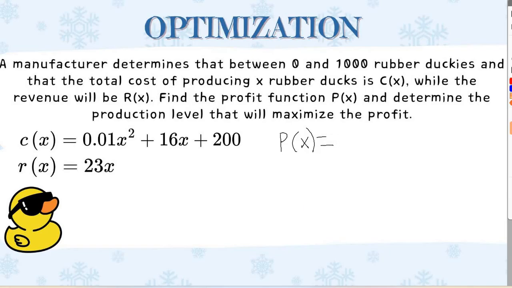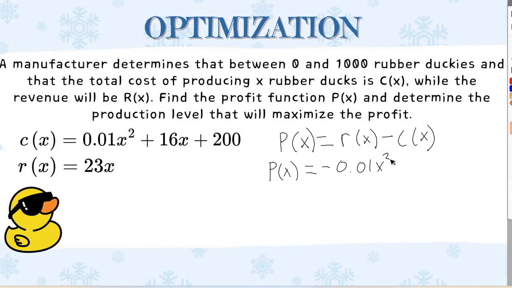Do we agree? Yeah. So my profit is going to be how much I bring in minus how much it costs to make the rubber duckies. Yes, no, maybe? So in other words, our P of X is, it'll be negative 0.01 x squared.